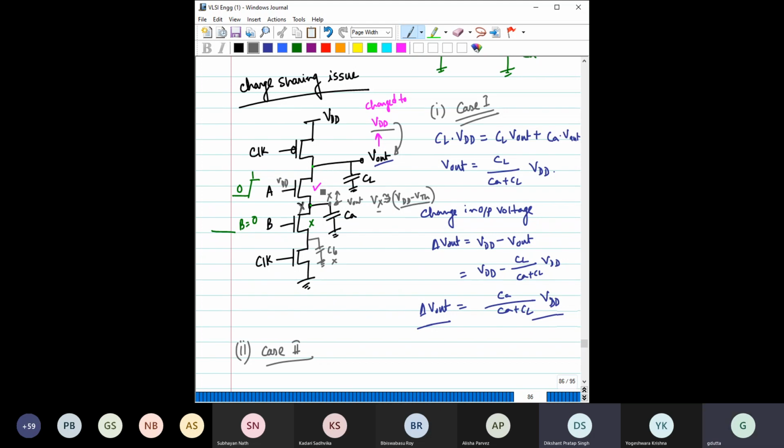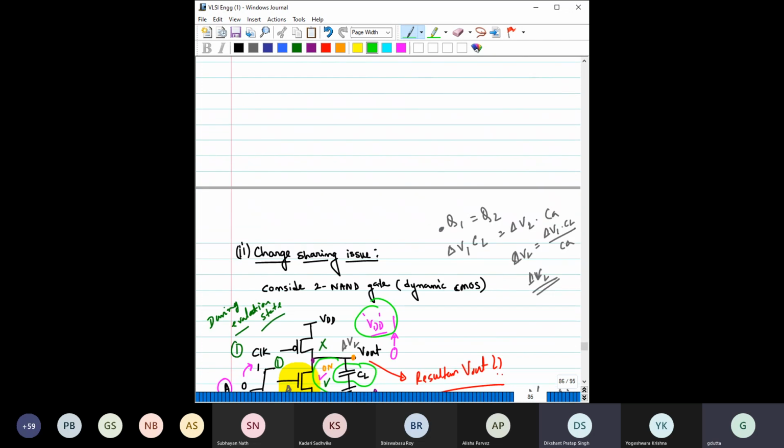So in that case, what can we write? We have understood at least this part, right? Here, this Vx would be equal to VDD minus VTH, and the final value at the output is somewhat like V out.